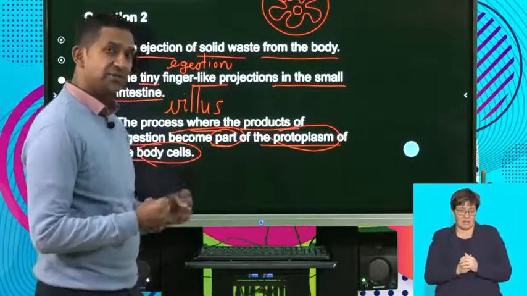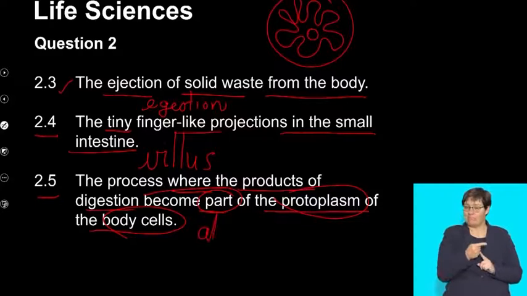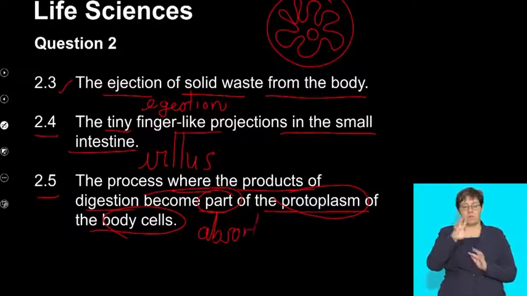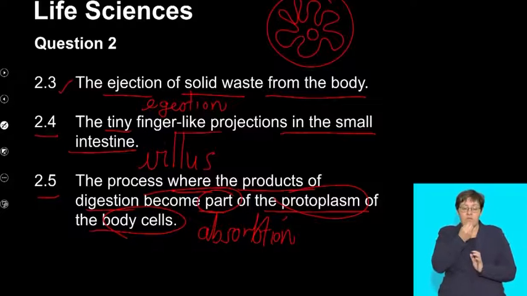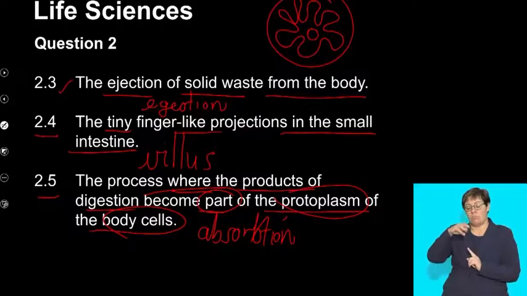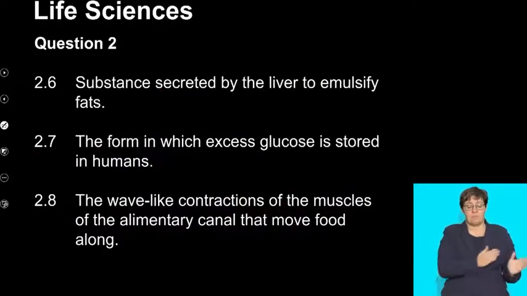When they get into that, we say that that is absorption. So the absorption of the nutrients into the protoplasm or the cytoplasm is the process when they become part of the cell. Okay, let's move on to 2.6.